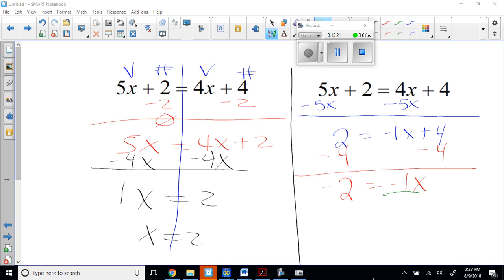And then I'll divide both sides by what? Negative what? Yeah, because see, I can't stop until it's a positive 1. So I got negative 1, which gives me x equals what?